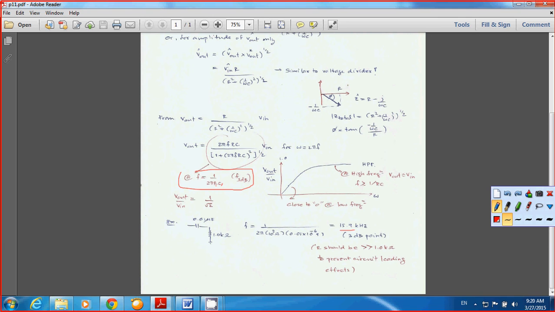So what would R and C be? I mentioned a little bit about it here. R should be much greater than 1.0 k ohms to prevent circuit loading effects. Okay, and I will explain about that later on. But at this point, I just want to point out how the basic high pass filter works and how to decide.